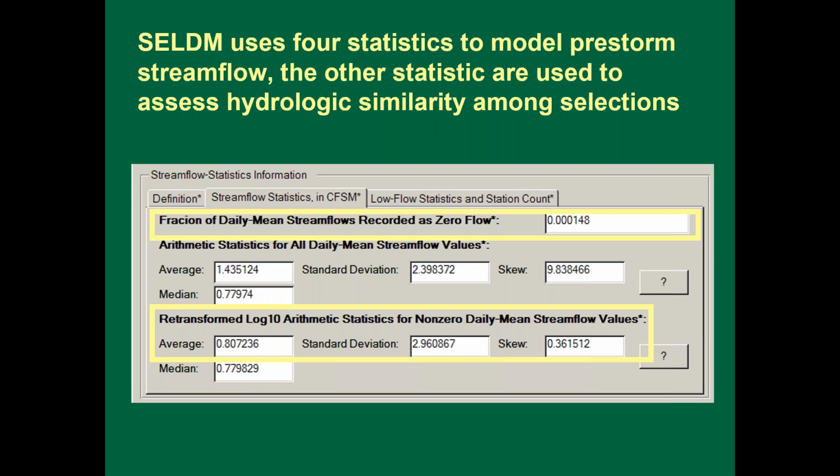And if you have an ephemeral stream, your pre-storm flows could all equal 0, so the fraction of daily mean stream flows might be 1. So every storm event, you may well be starting with 0 base flow, or 0 pre-storm flow. The only flow in that channel would be runoff from the highway and runoff from the upstream basin.